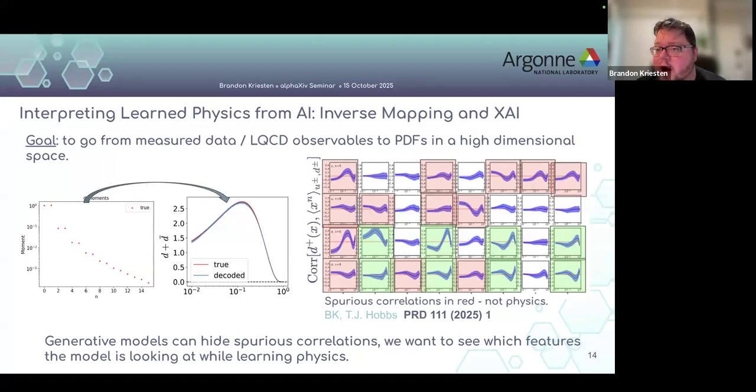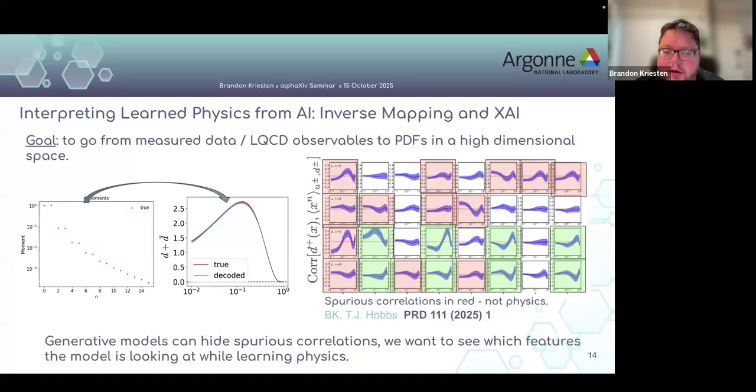Now, the very big problem is everything else should be zero or consistent with zero within uncertainties. And the problem is that there's many examples highlighted in red which are inconsistent with zero. And so what this is telling me is that this VAIM is learning non-physical correlations because it has enough flexibility to move information around possibly where it's not supposed to.